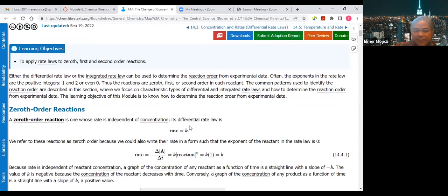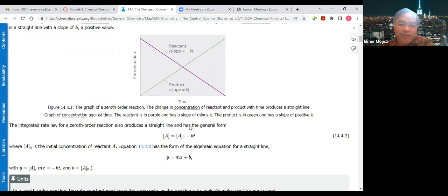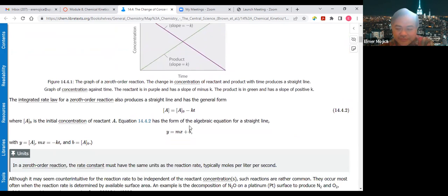Okay, the rate is just equals to the K. K is what? Ano yung K natin dito? K is your rate constant. Okay? So if you're going to plot yung what we call zero order, ito yung plot niya. Kita niyo yan? A equals to initial A minus KT.